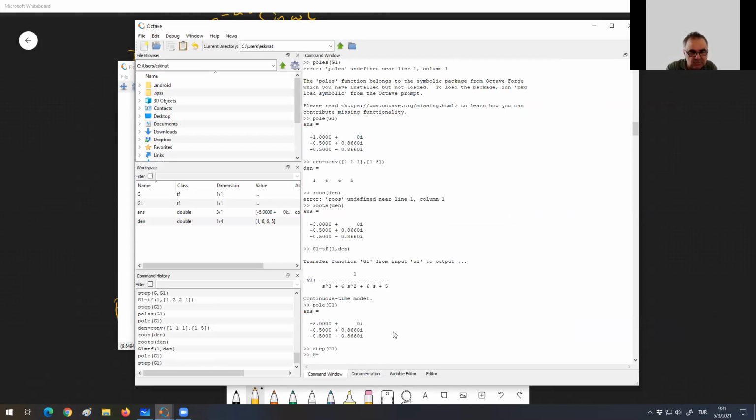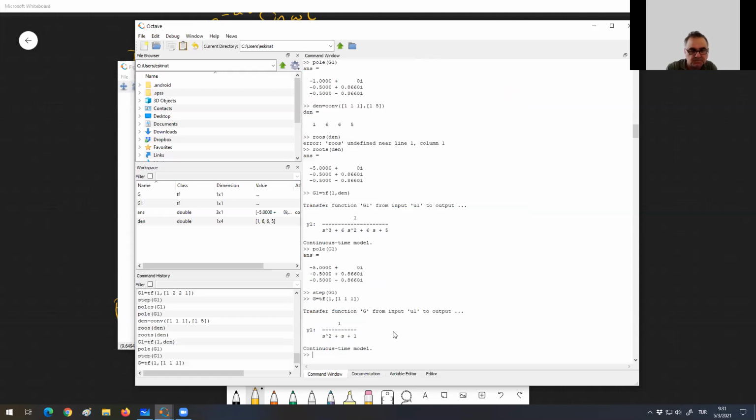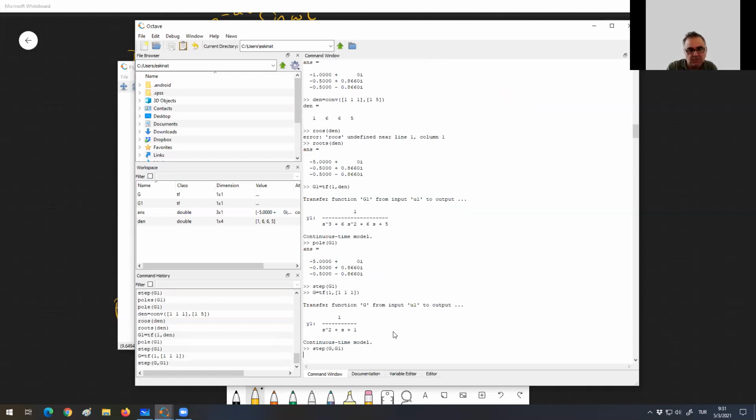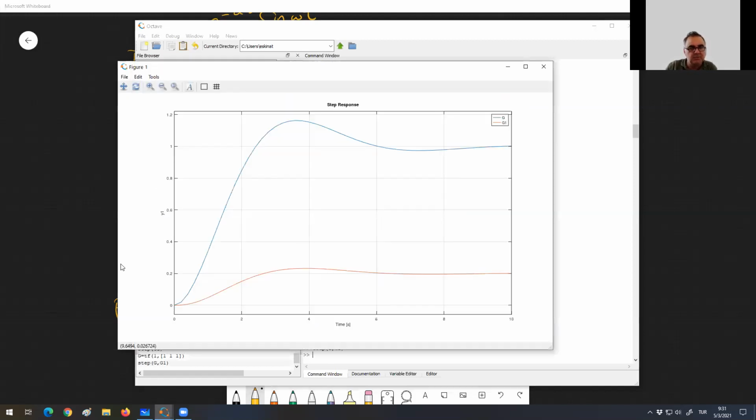G as a second order system, as the transfer function of 1 and 1, 1, 1. Okay? So the step of G and G1 will be kind of, oh, something wrong.